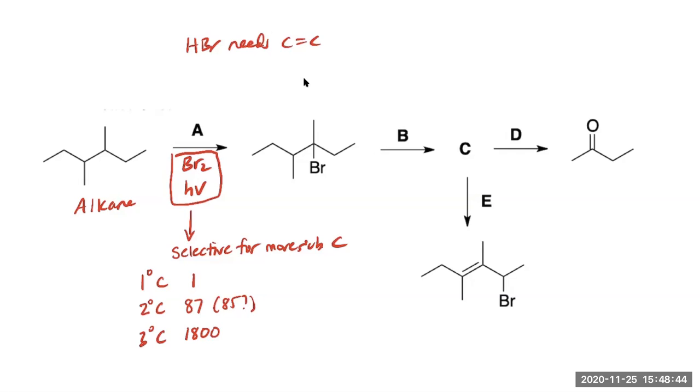How do you recommend dealing with it? Okay, let's see. You've got a dueling talking. Ali, why don't you go first? I was going to ask, how do we know it's not going to brominate both tertiary carbons? You know, it could, if you had enough bromine. What you usually do is you control that with a mole ratio. And so I would put in 1 mole of the alkane and 1 mole of the bromine.